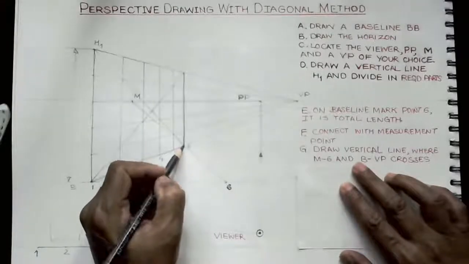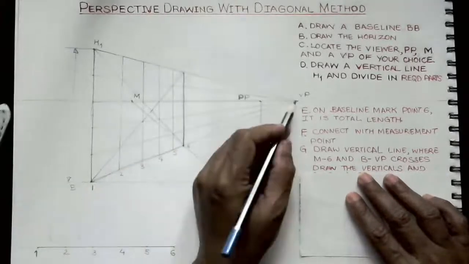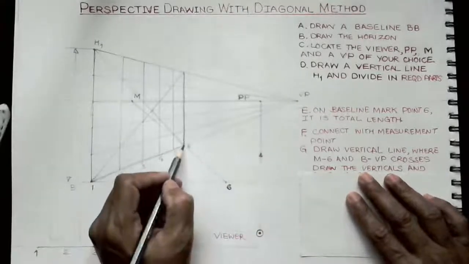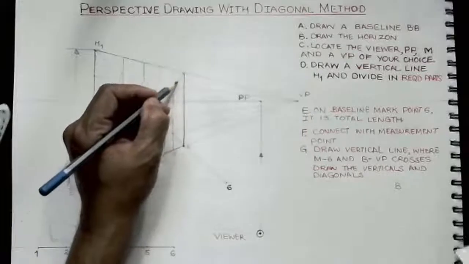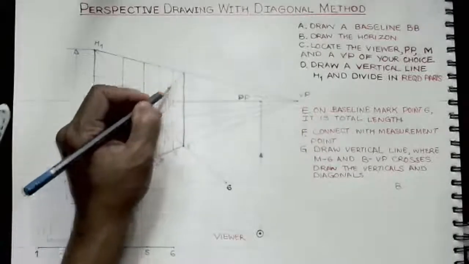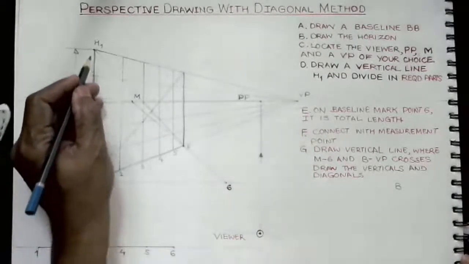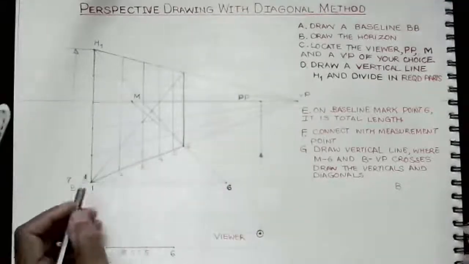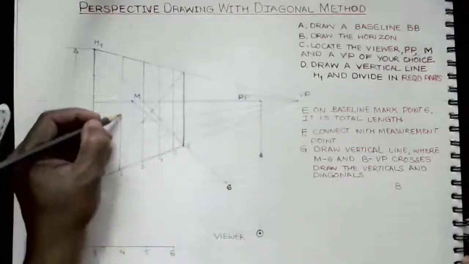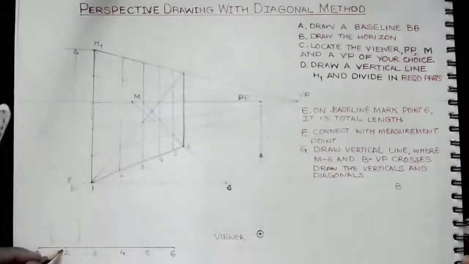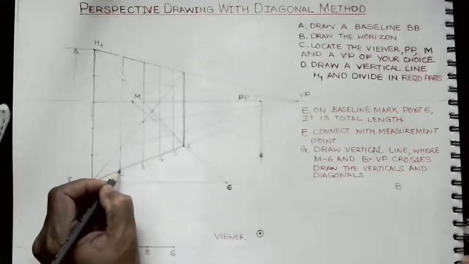Wherever it is meeting this line, B and the vanishing point, you draw a vertical, then you draw these two diagonals. Then you connect up these points 1, 2, 3, 4, 5. Wherever the diagonal is meeting this perspective line, when you draw a vertical line, it becomes that equally spaced line. Accordingly, in perspective you'll find this length a little more than this.